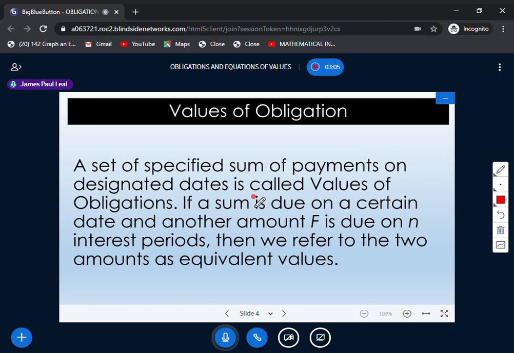If a sum is due on a certain date and another amount F is due on n, wherein F is your final amount and n is your number of interest periods in a year, then we can refer to the two amounts as equivalent values. Later we will know how we come up with that idea.